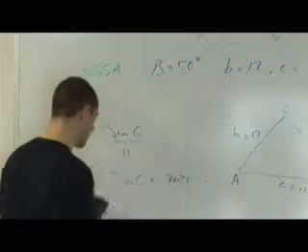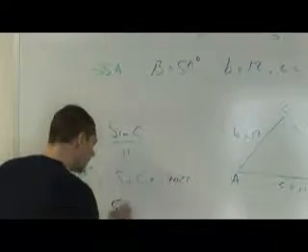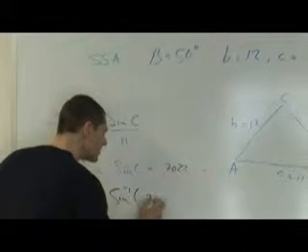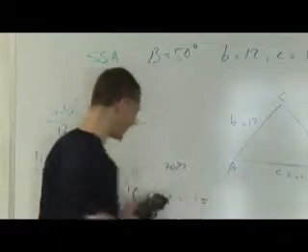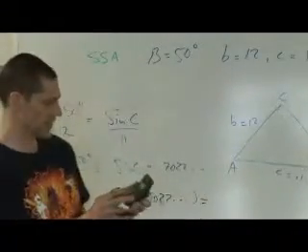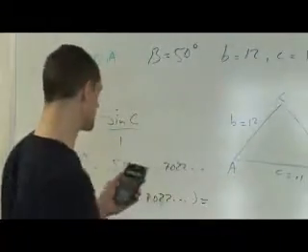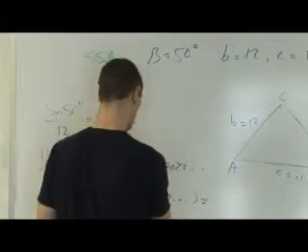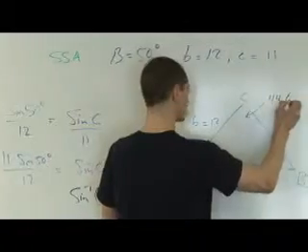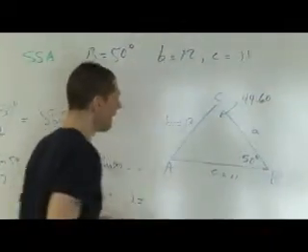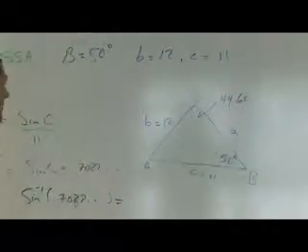Okay, so this says sine C is equal to 0.7022 and some change. That means the arc sine of 0.7022 and some change is, I'll find out in a second, 44.60 degrees. So this is supposed to be 44.60 degrees, and so far this seems reasonable.